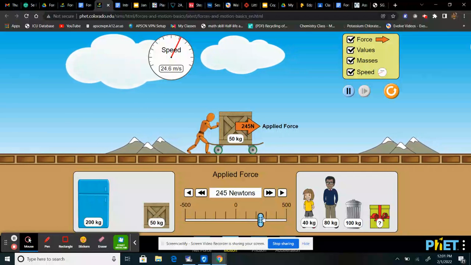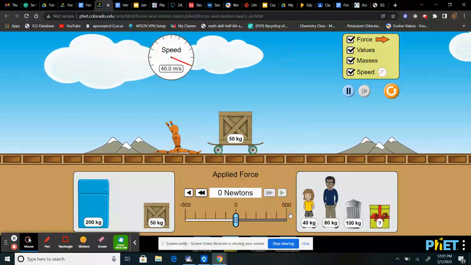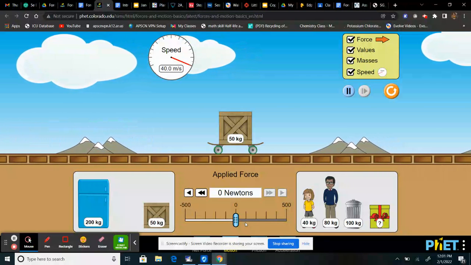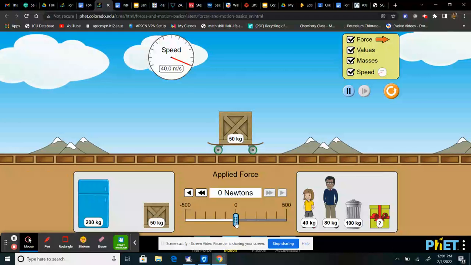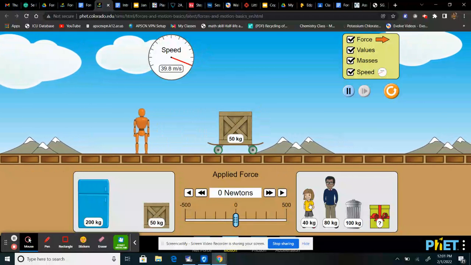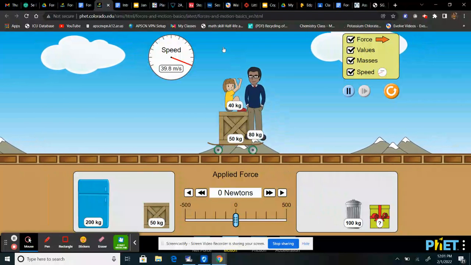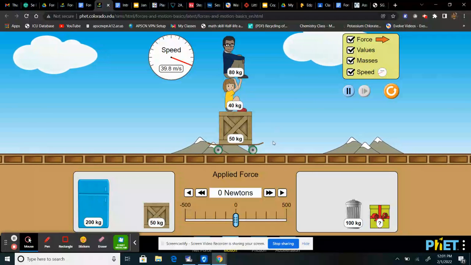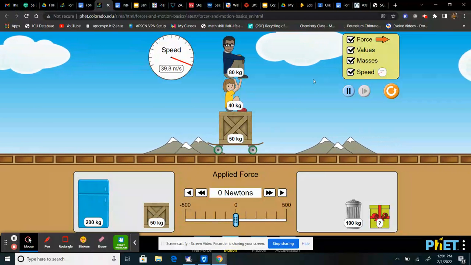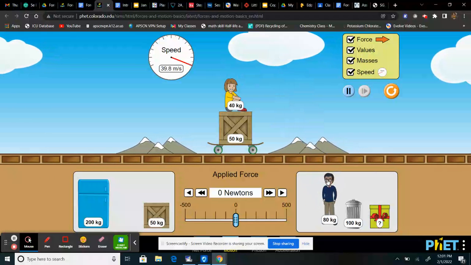We see applied force in the direction is increasing. And we saw the person eventually lost control. We could place a person on top. There are definitely a lot of different things that you can do here.